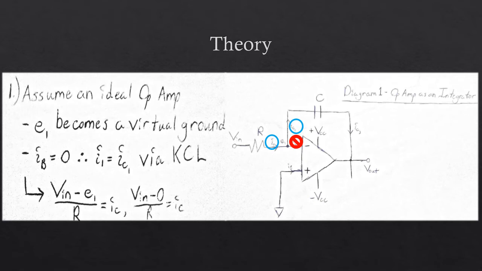Doing nodal analysis, we can find that IC is equal to the input voltage minus the voltage at node 1, divided by the resistance of the resistor.